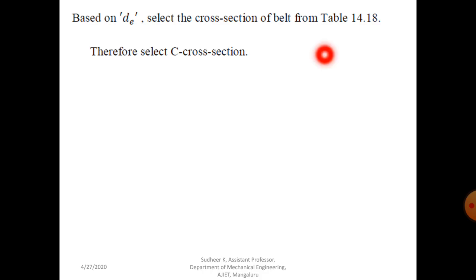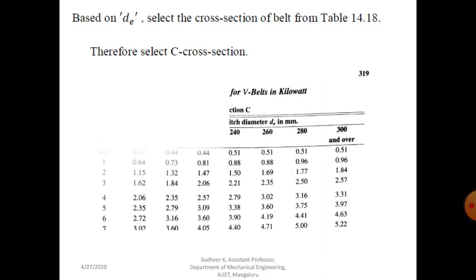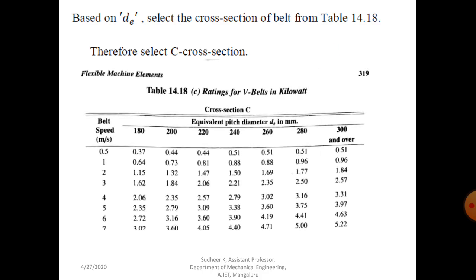Now we'll look at this table. You'll get this table from page number 319 in your data handbook. That is 14.18C. C indicates it is for C cross section. Similarly, we have table A for A cross section, B for B cross section, and similarly D and E. Total 5 tables come under 14.18.